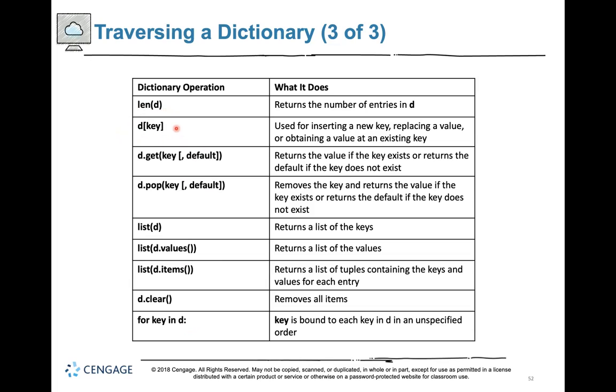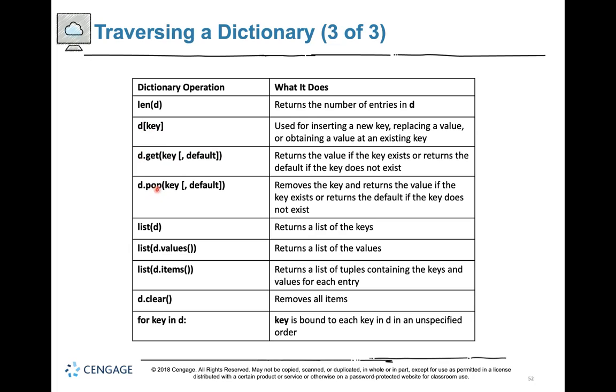The subscript operator allows you to retrieve the value under a key, or to modify it by putting it on the left-hand side of the assignment operator. And you can get a key by providing a default value so that you don't have to deal with the exception. But if you use the subscript operator and that key doesn't exist, you will get a KeyError exception.